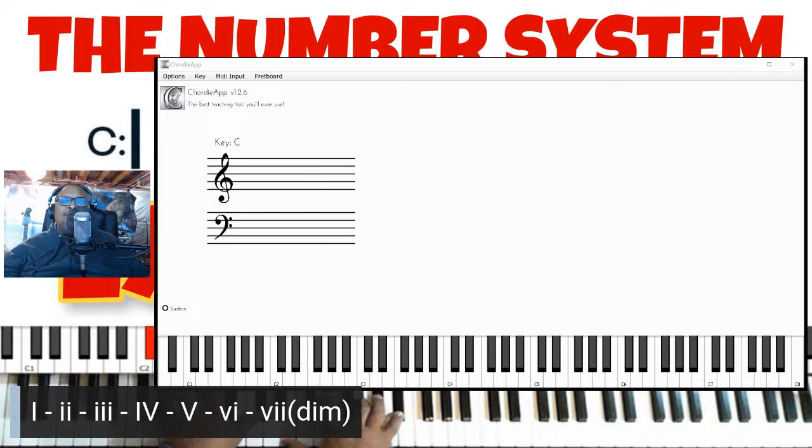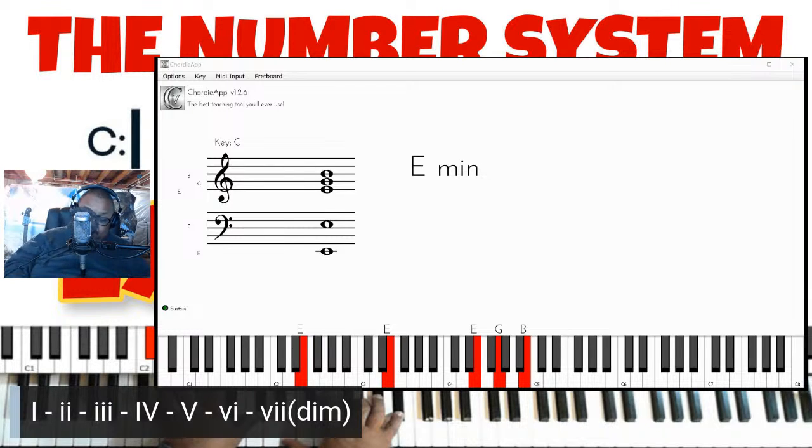So that means the 3 chord should be played as a minor chord as well. E minor, right? Because in the key of C, C is 1, D is 2, E is 3, but we're not going to play it as E major, right? Because our number system is telling us to play it as minor.